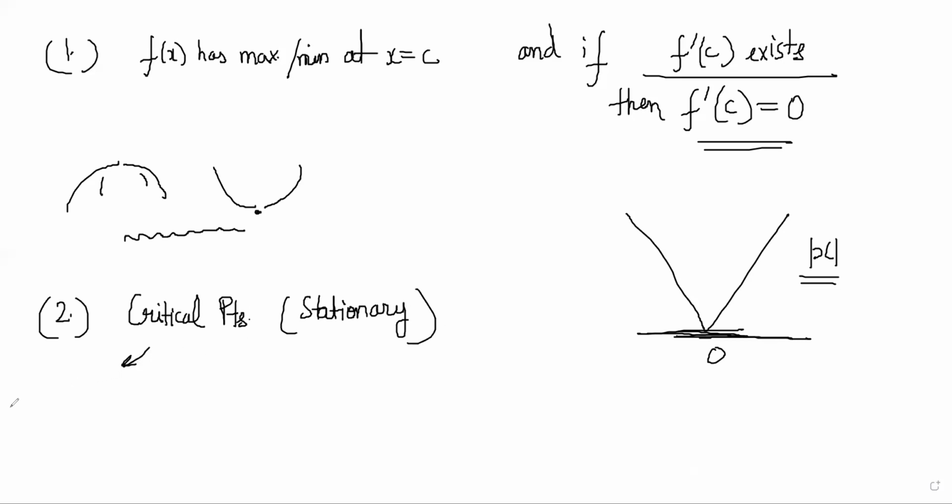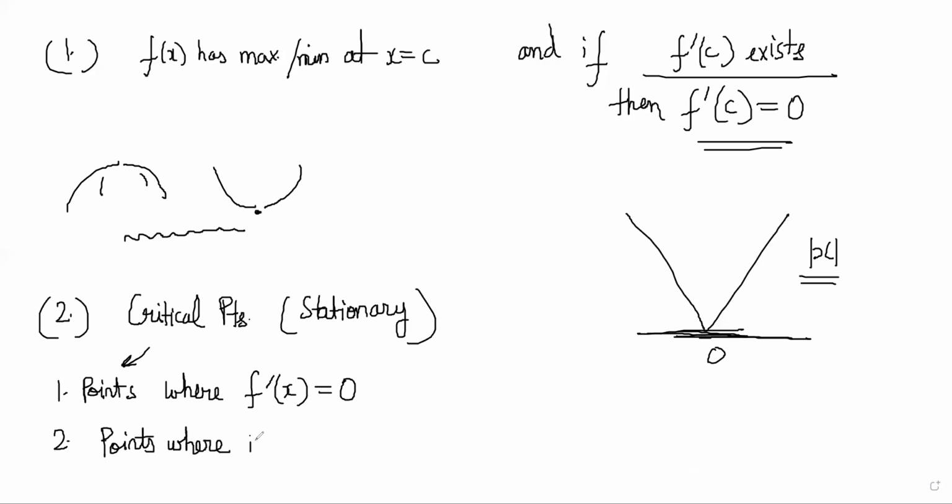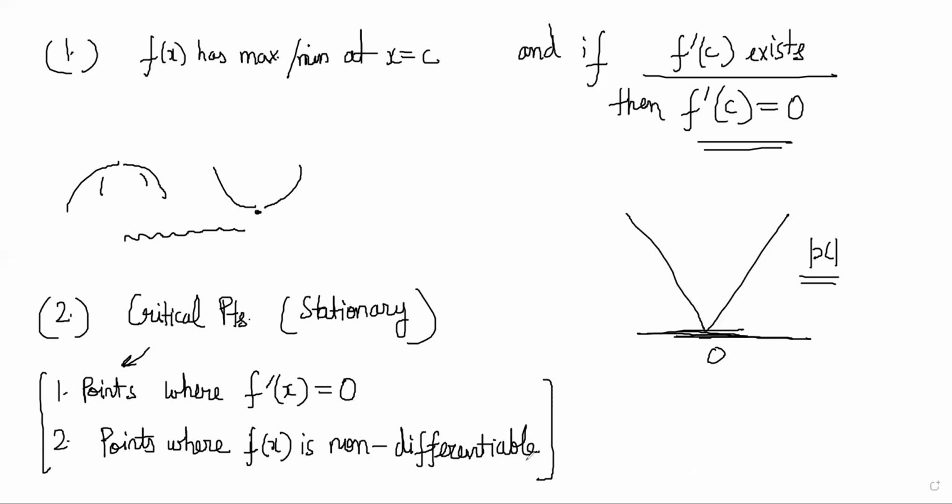Critical points are basically points where f dash x is 0, if it exists, and also points where f of x is non-differentiable. Those are also critical points. So basically what we will say is that maxima minima can only happen at critical points.